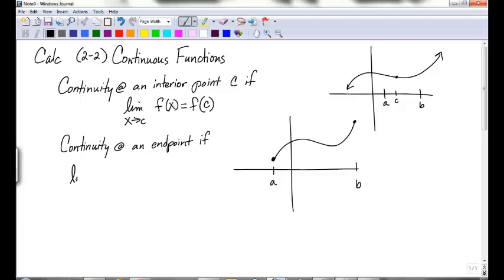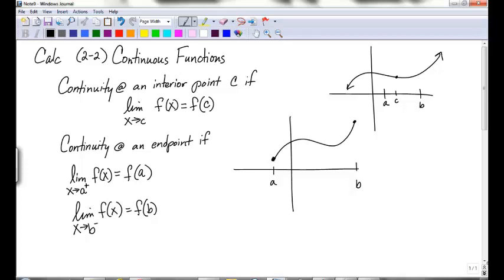The limit of f of x as x approaches A from the right side, as it's coming in to the right, they want to know what y value it's approaching. That y value would be f of A, because you're substituting A in for x. And you would also have the limit of f of x as x approaches B from the left side, and that should equal f of B, that y value.